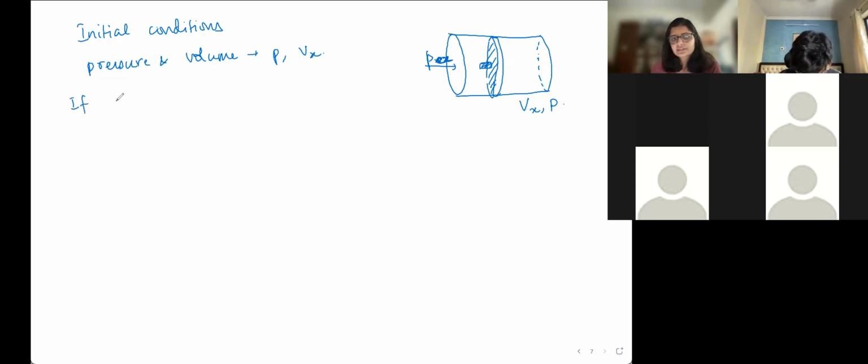If the external pressure Pex greater than P is applied, basically we are doing work on the system. We are the ones applying the pressure, so something outside of the system is exerting pressure on it. What is Vx? Vx is the initial volume, the volume here.